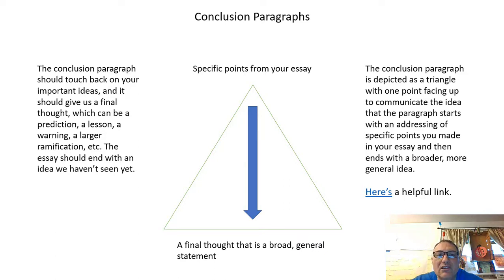You've repeated ideas and not given us anything else. There needs to be something else there that we haven't seen yet. Otherwise, the reader feels like you're making me read the same thing twice, and there's no purpose in doing that. So you need to touch back on the ideas, but then you need to give us something else we haven't seen yet.